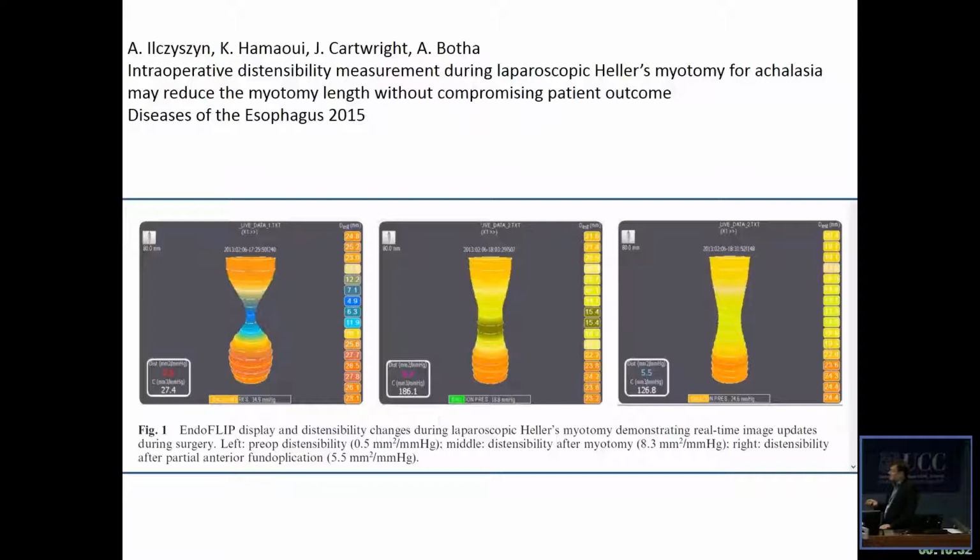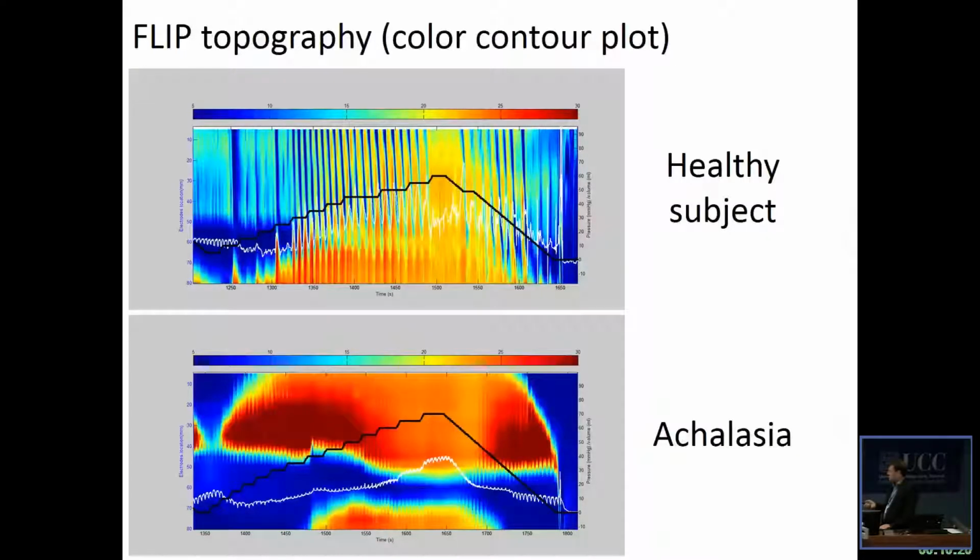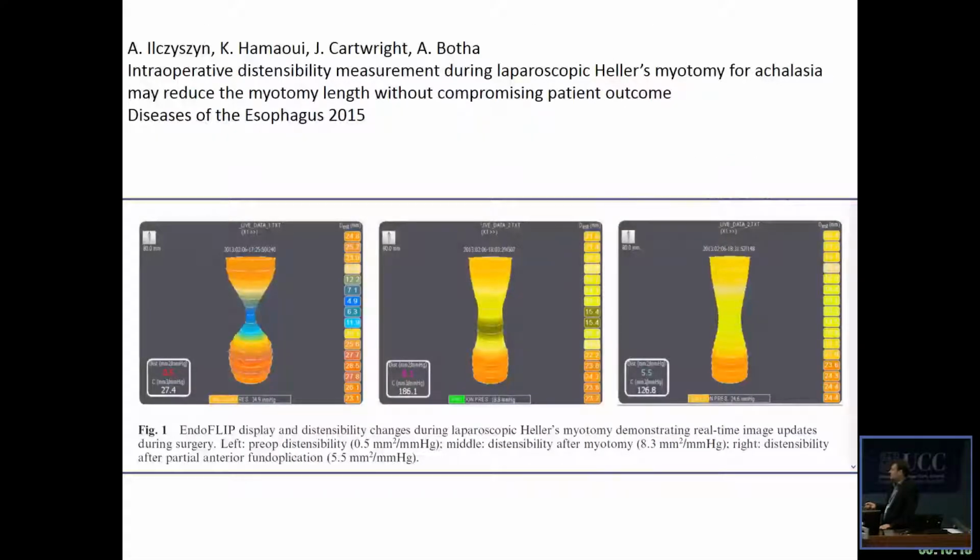After doing a Heller myotomy, the geometric pattern changes completely, indicating that the muscle has been cut, so the muscle tension is released. And I think the last one is after fundoplication, so where they try to reconstruct the EGJ.